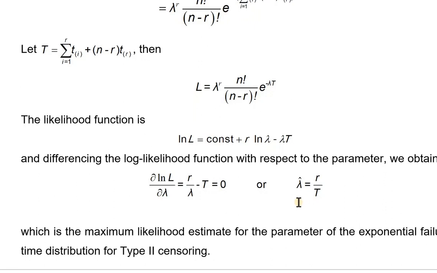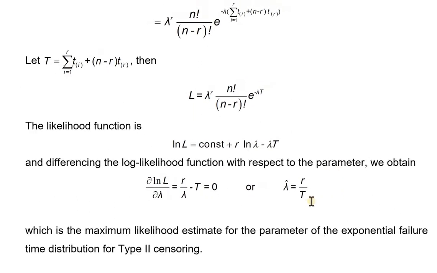Then we bring the lambda to the left side, so remaining only r divided by T. r is the number of recorded failure data, which is how many failure data we have recorded the exact time of their failure. So it is r divided by T, where T is this one.